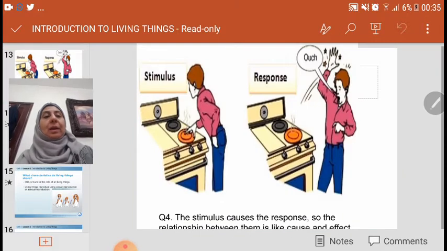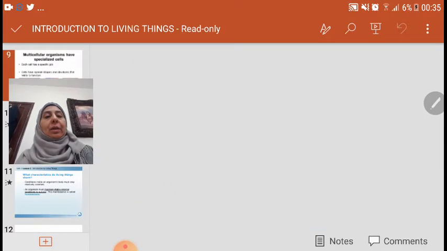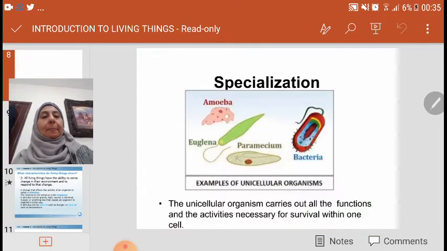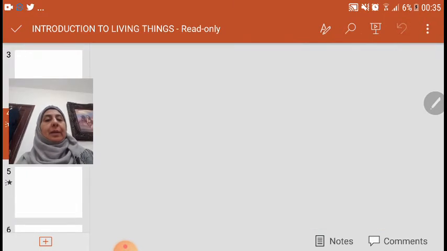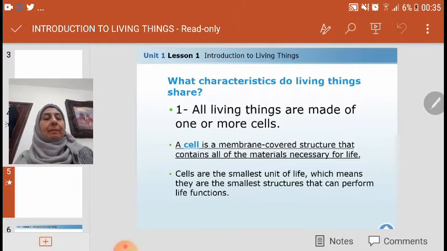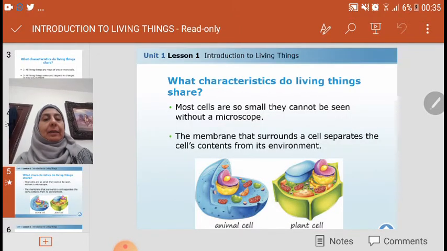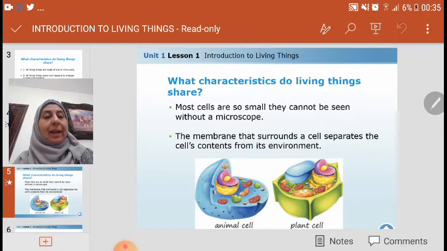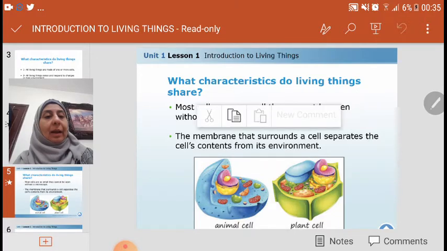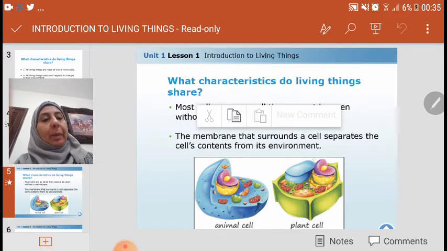Let's go back to the picture of the cell. You see here, here is the nucleus. Inside the nucleus there is the nucleolus. Inside it, the DNA, that twisted ladder. And here in the plants also, inside the nucleus.